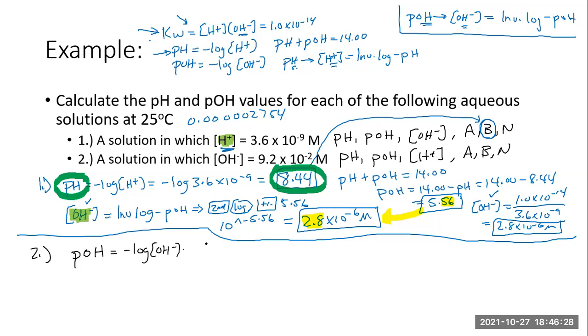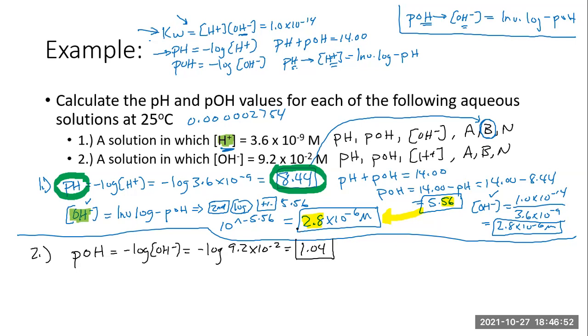That goes minus the log of 9.2 times 10 to the minus 2. And putting that into our calculator correctly, minus the log of 9.2 times 10 to the minus 2 gets us 1.04, it looks like.